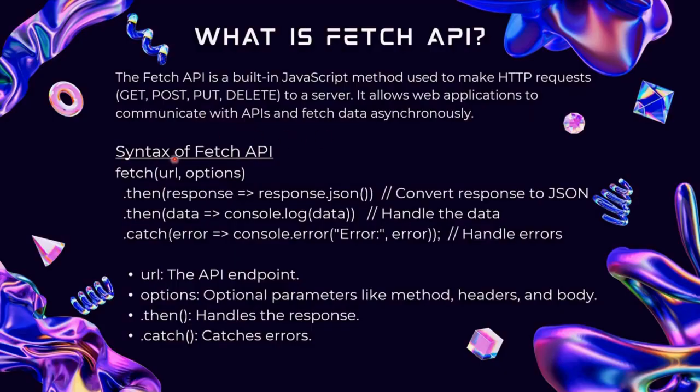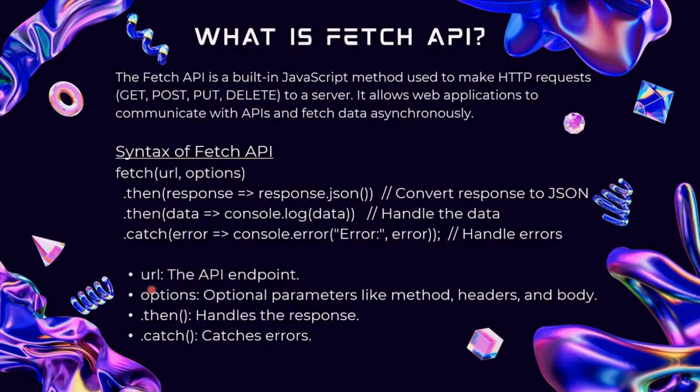Syntax for Fetch API: fetch with URL and options, then response, and response.json converts the response to JSON. Then data, console log, handle the data. Catch for errors, console.error with the error name and error, handle errors.